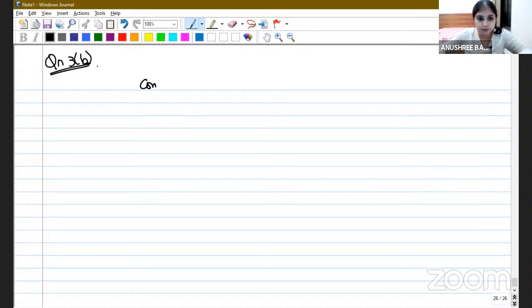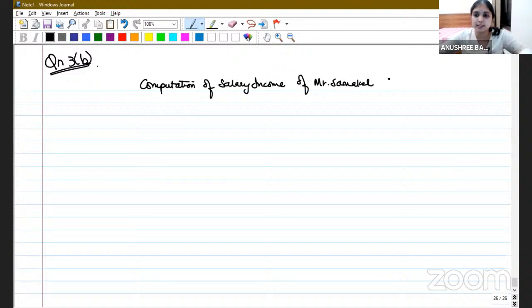So write down computation of salary income of Mr. Samaksh. We are doing this calculation for previous year 2021, in brackets write down assessment year 21-22.